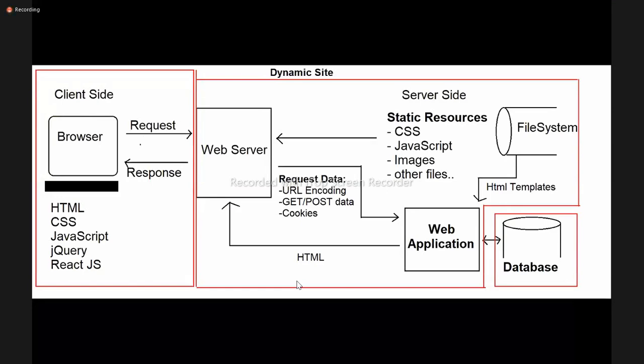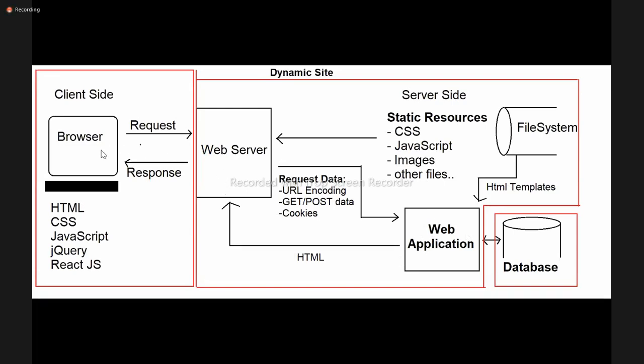We will handle this one, a dynamic site, right? That means we will manage the data in a database. We get a server side web application. This server side web application will communicate with the database. This server side application also can have HTML templates, right? Serving those HTML templates. And this is requested by web server.